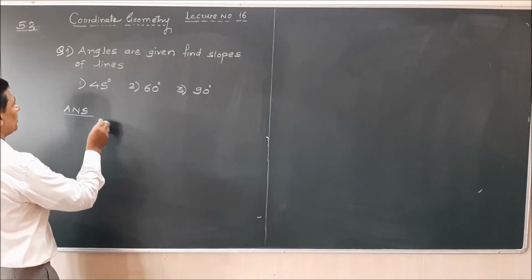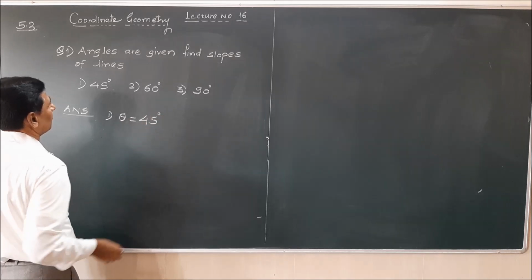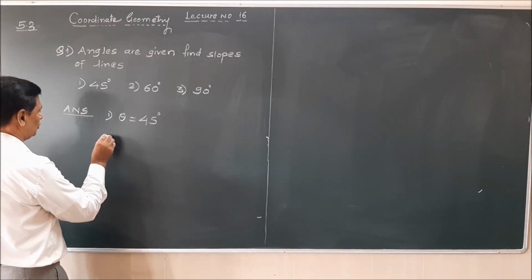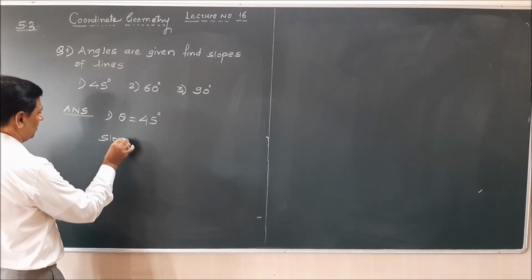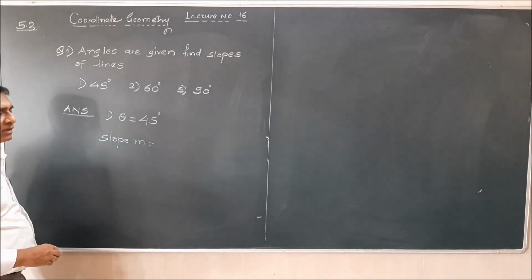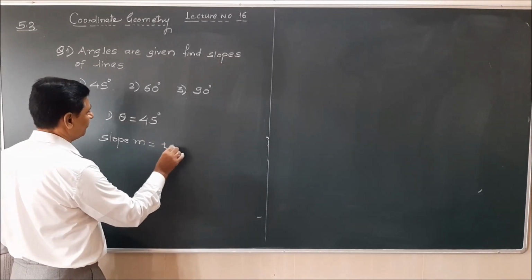So first one, theta is equal to 45. Here you will find that slope m is equal to tan 45.